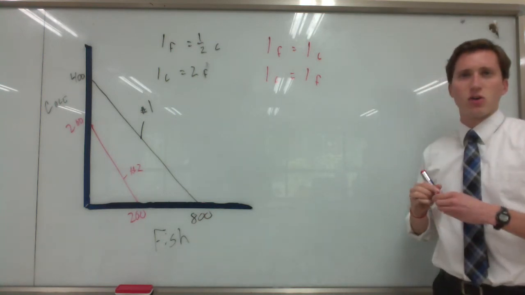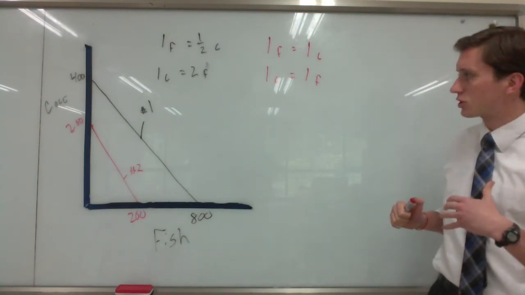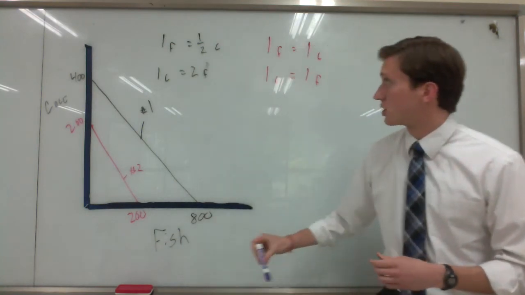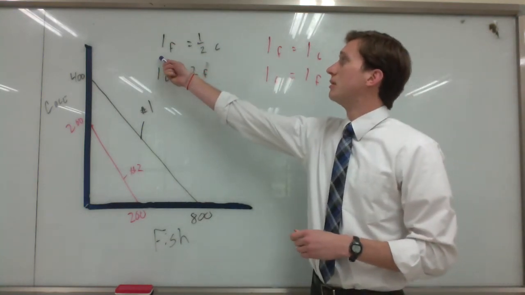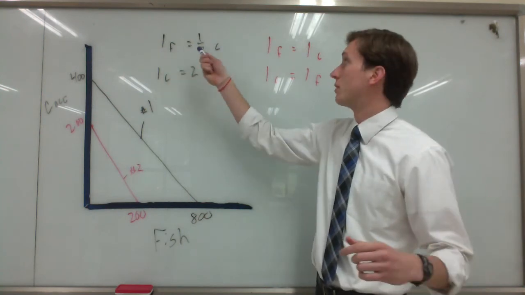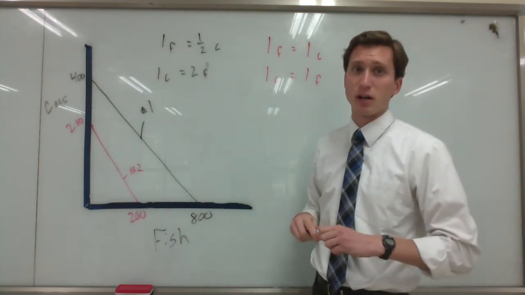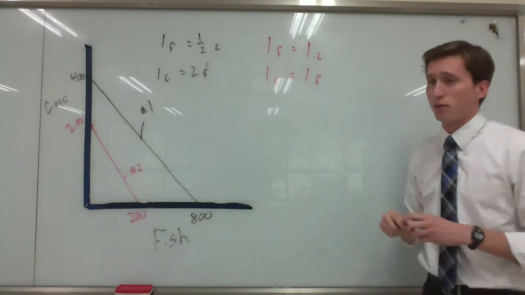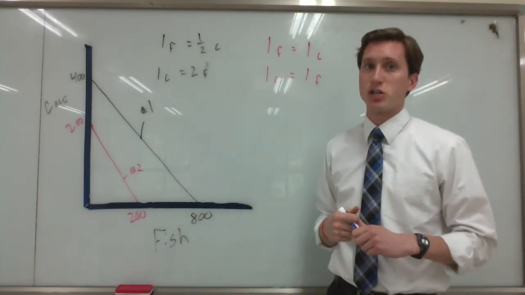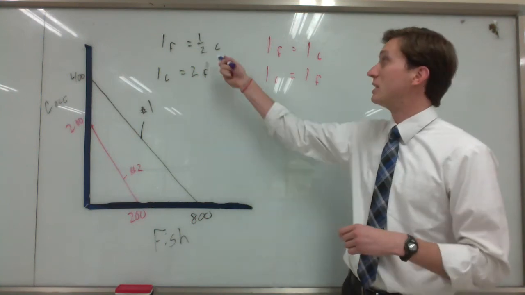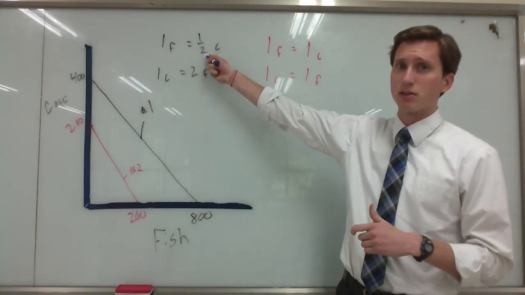Now I'm going to look at who should specialize in the production of fish. Guy number 1 can get one fish at an opportunity cost of a half of a coconut. But guy number 2 can do it for one full coconut. Guy number 1 is more efficient at producing fish because he can produce it at a lower opportunity cost.